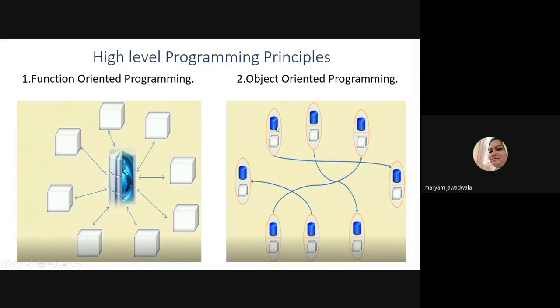The data localization concept is there in object oriented programming, right? These are the objects 1, 2, 3, 4, 5, 6, 7, 8, 9, 10, so many objects are there, and objects communicate with each other using a message passing system. So this is the object oriented programming approach, right?